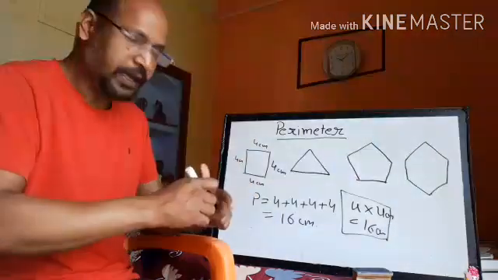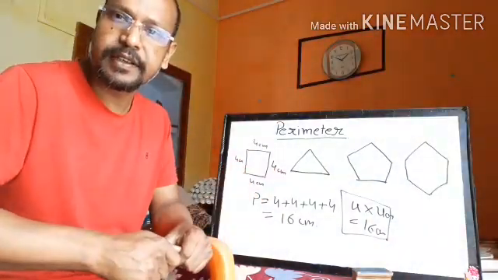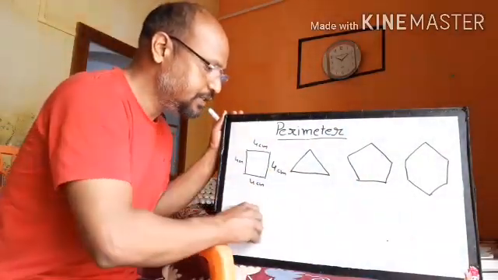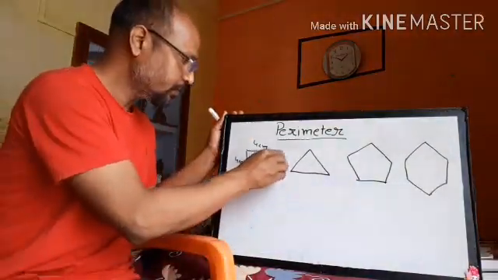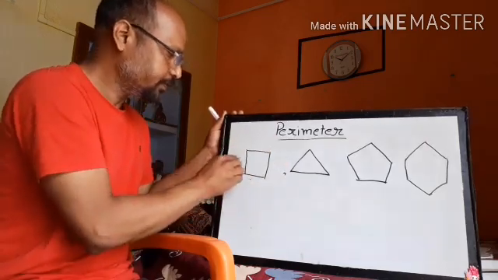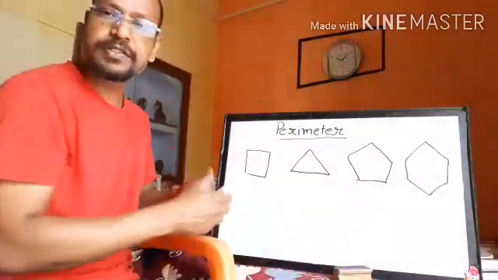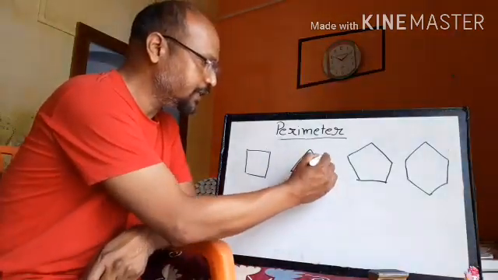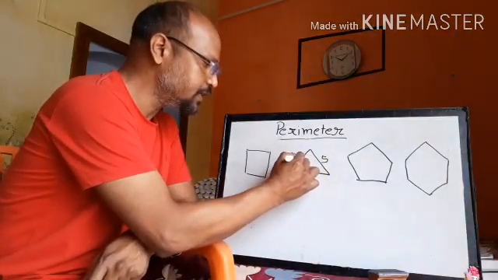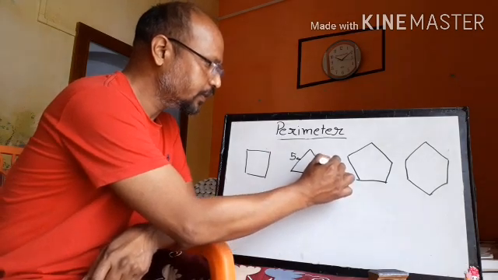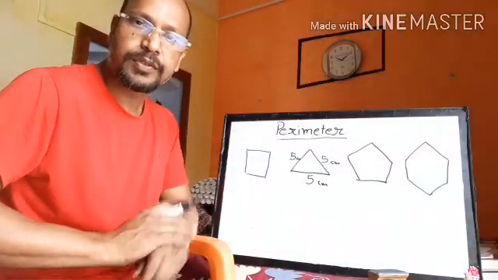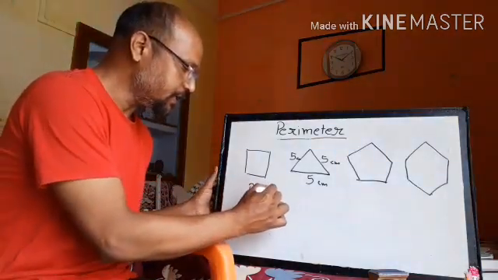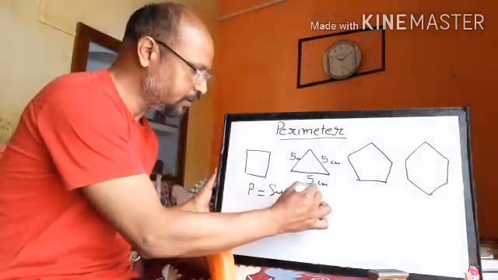The same thing I am going to do with this triangle. Let's start to find the perimeter of this triangle. Suppose, beta, this triangle has sides of 5 centimeter, 5 centimeter and 5 centimeter. So what is the perimeter? The perimeter of the triangle is the sum of sides.